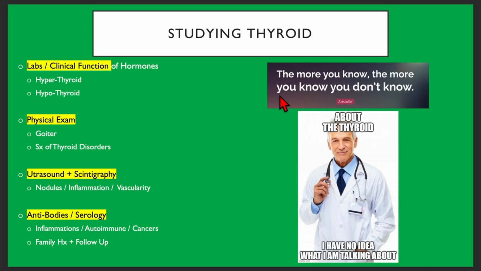So the more you know, the more you know that you don't know. And now I am at the point to say that about the thyroid, I have no idea what I'm talking about, because the more you study thyroid, the more you understand it's complicated. It's not so simple. And what I did to my professor, I see students doing it to me now. They tell me, oh, you're going to make a lecture on thyroid. It's just hyperthyroid, hypothyroid. But we're going to see today that it's a bit more complicated than that.